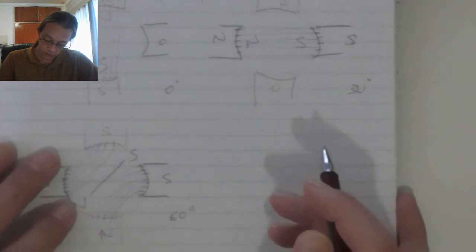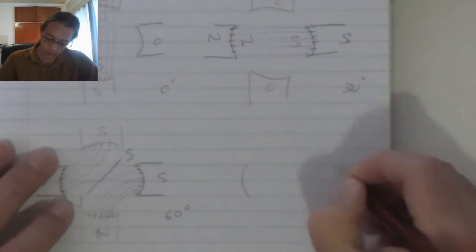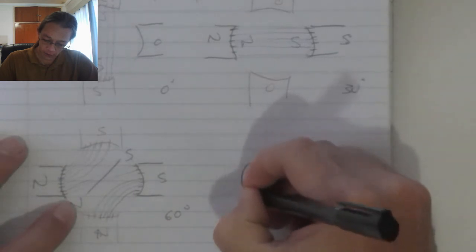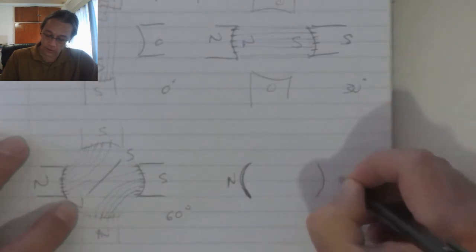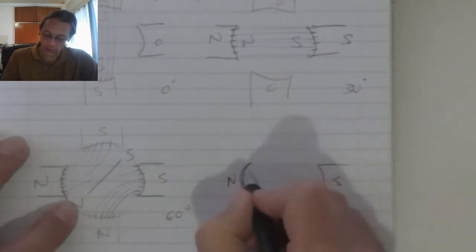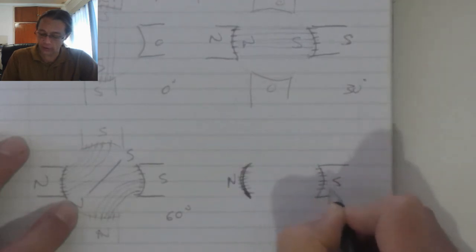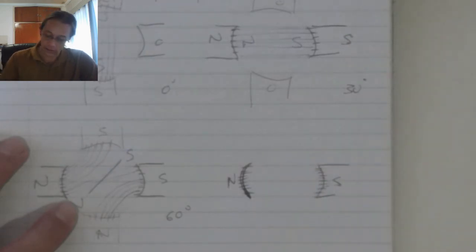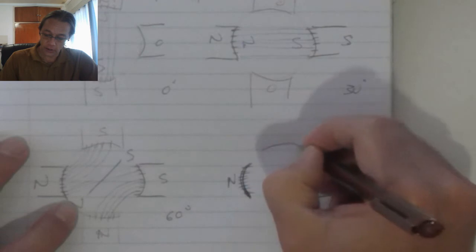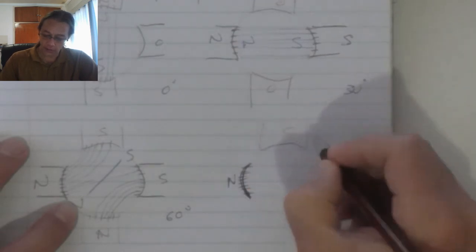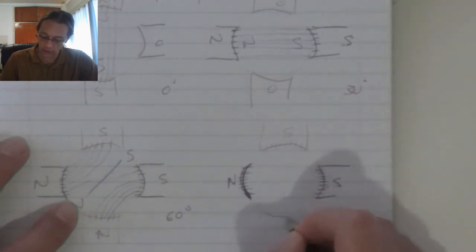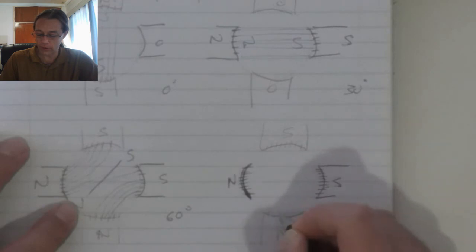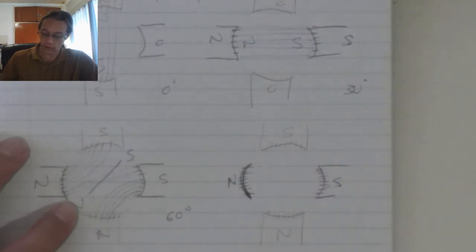When we go on to 90 degrees, that's my north, that's my south, and I'm going to have 10 flux lines on each side of the starting coil. On this side we've got still a south, but now it's gone up to 8 flux lines, and there we still have a north, 8 flux lines over there.